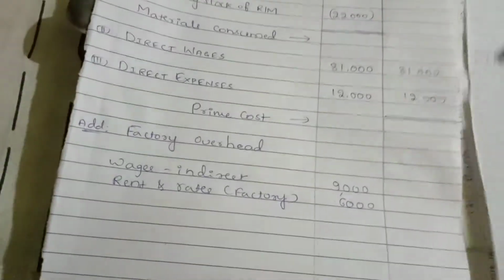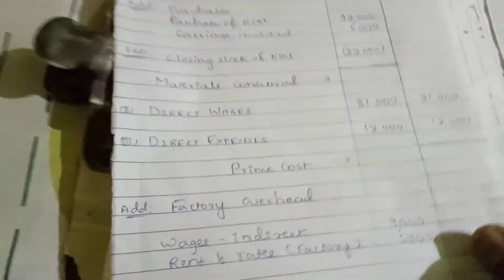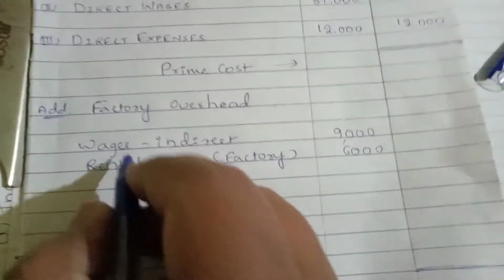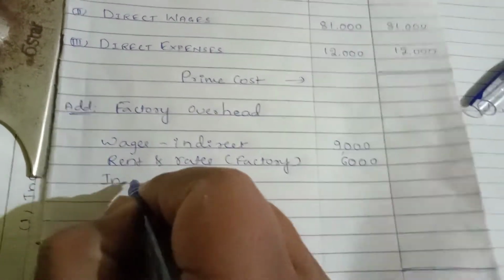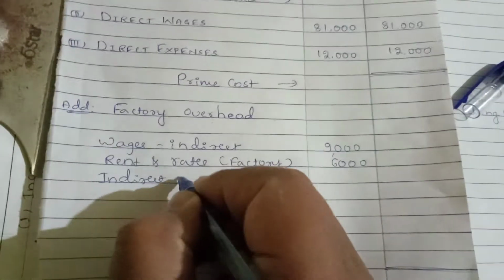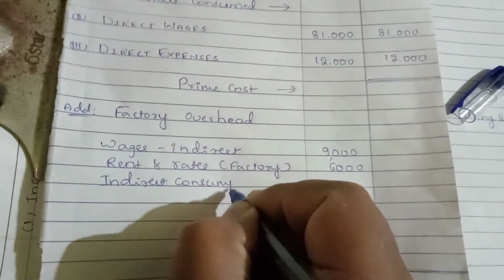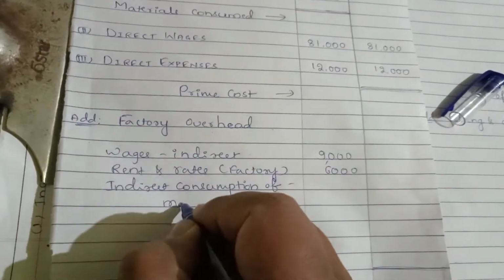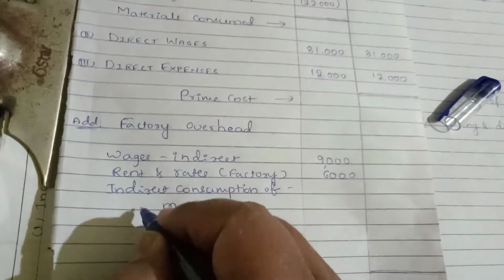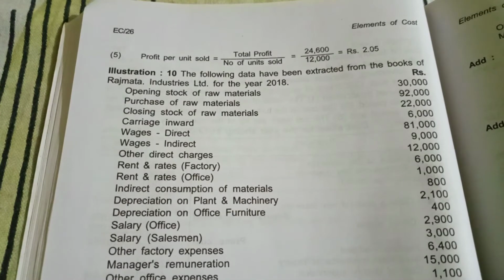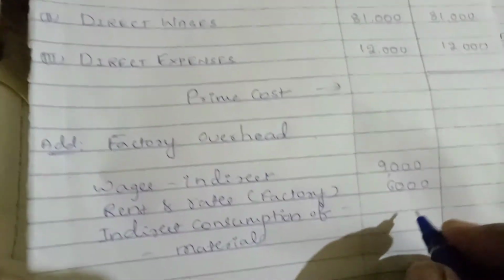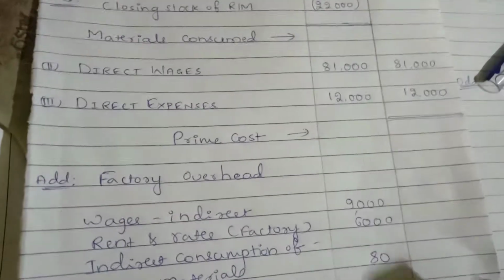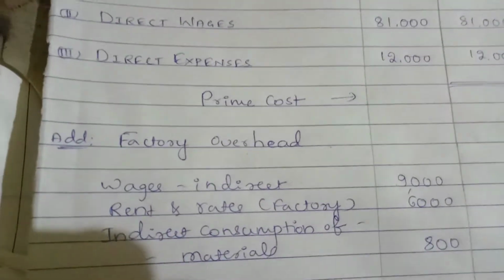So under the factory overhead I will write indirect consumption of materials, amounting to rupees 800, in the inner column.